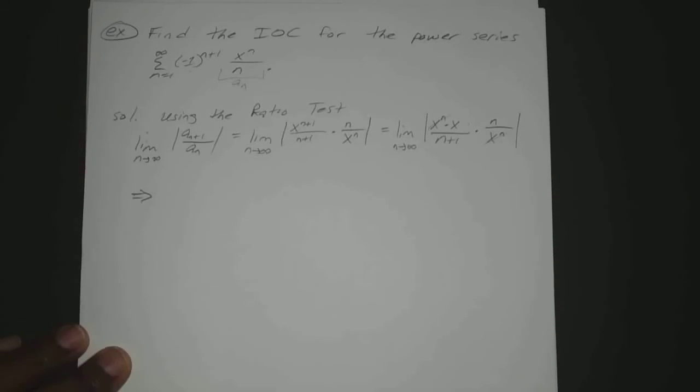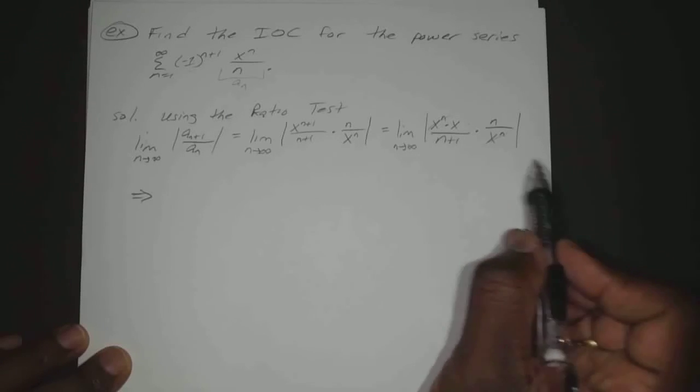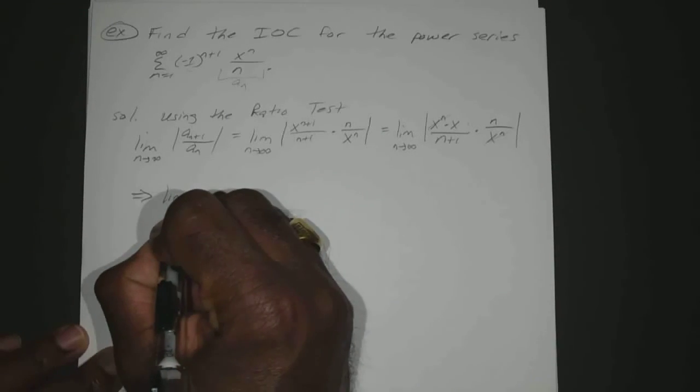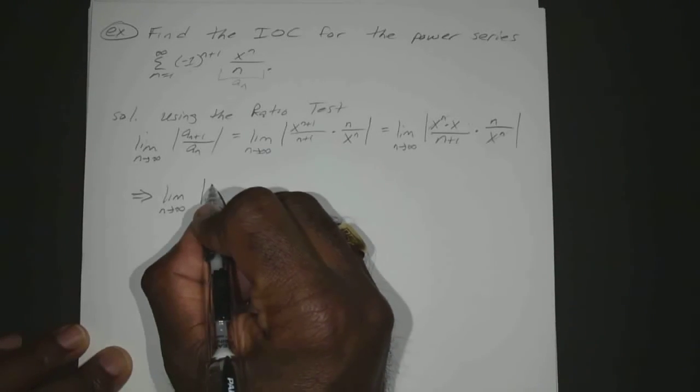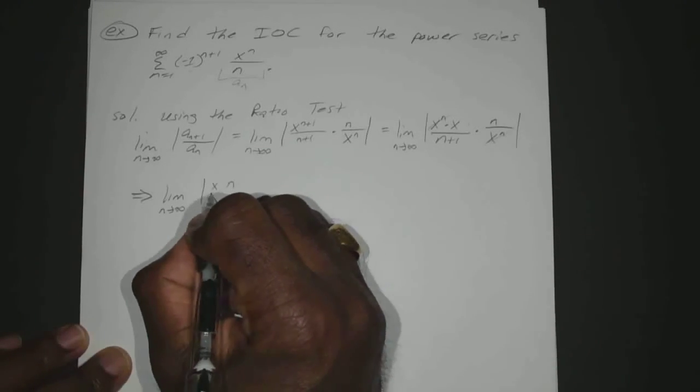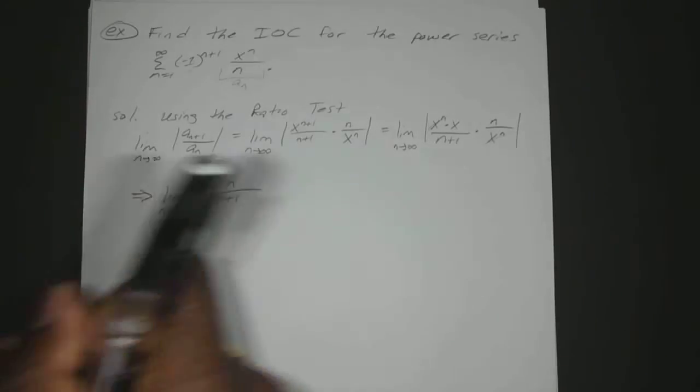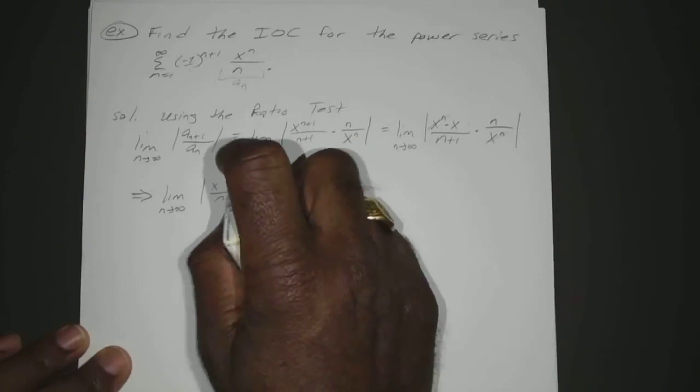Okay, so we'll pick it up over here. So we have the limit as n approaches infinity of the absolute value of x times n over n plus 1.